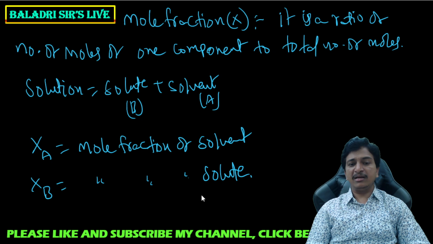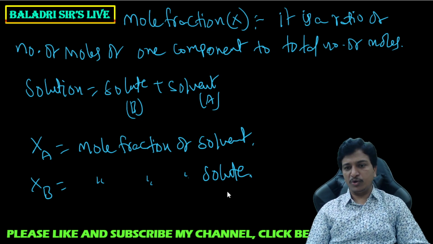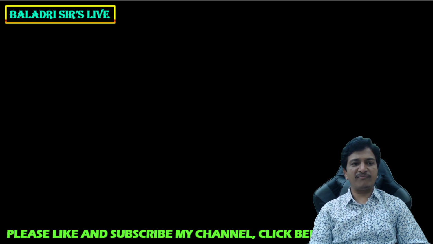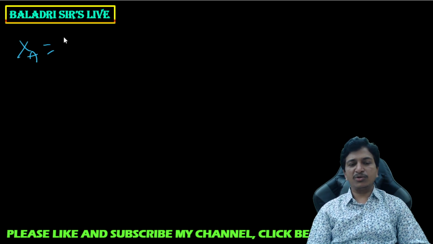Okay now, let me calculate how to find the mole fraction of solute and solvent. First I am taking XA, that is mole fraction of solvent. According to the definition, mole fraction of solvent is equal to number of moles of solvent by total number of moles. Total number of moles means number of moles of solvent plus number of moles of solute. So XA is equal to Na by Na plus Nb.